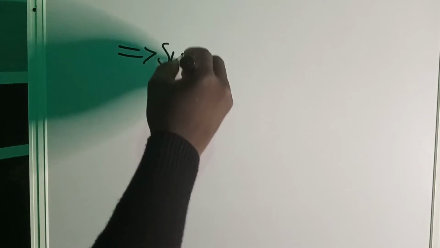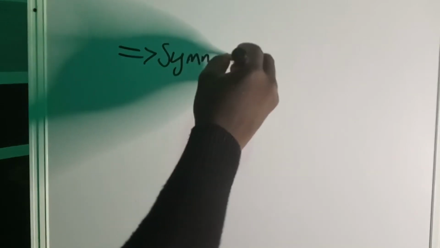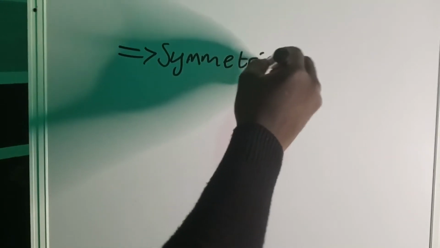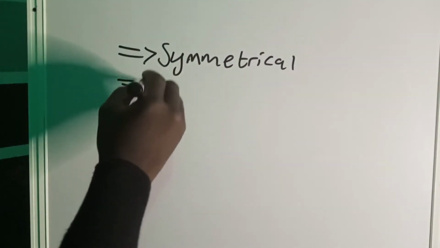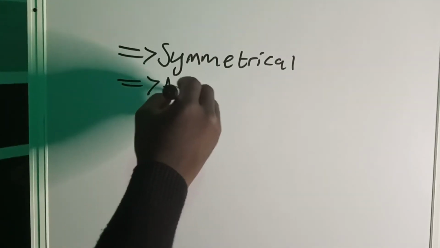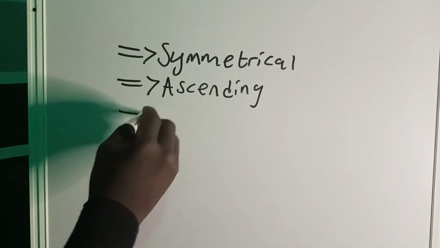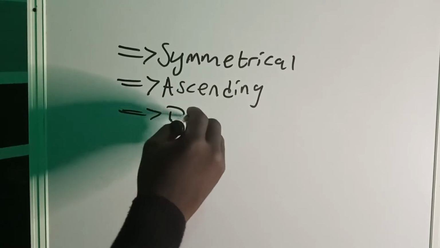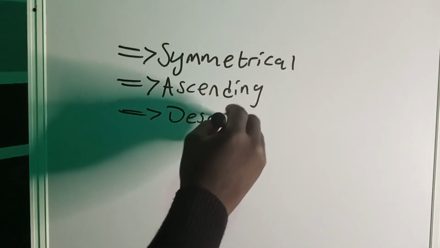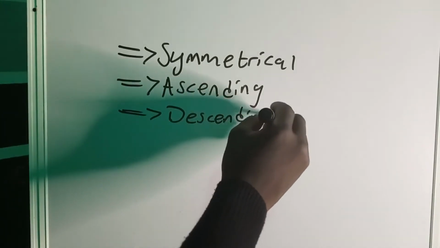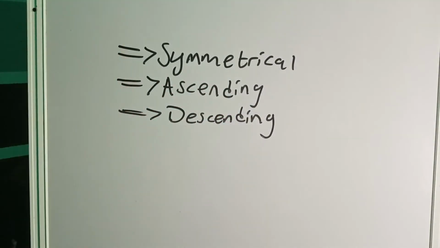We have the symmetrical triangle, we have the ascending triangle, and the descending triangle. These are the 3 triangles we have, and we'll be looking at them closely.